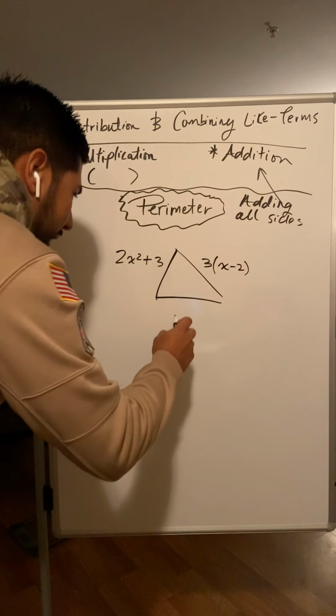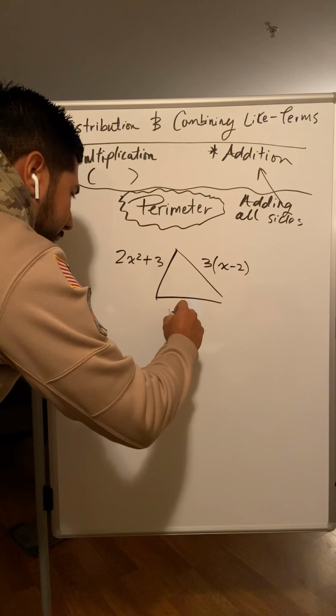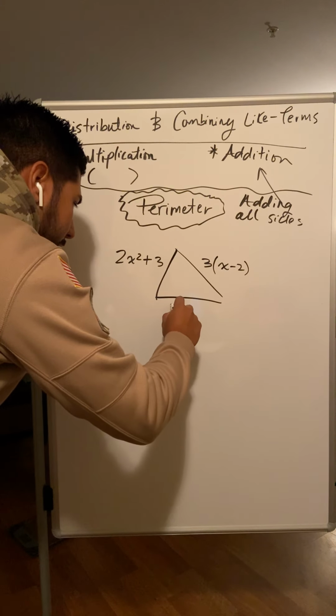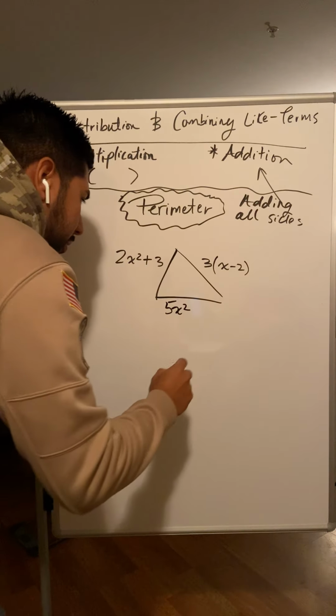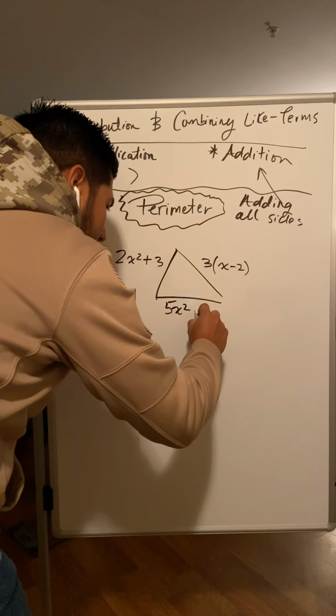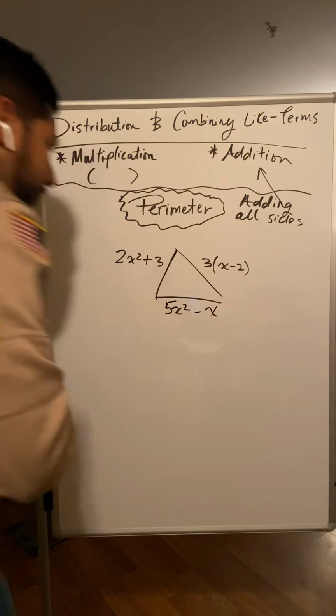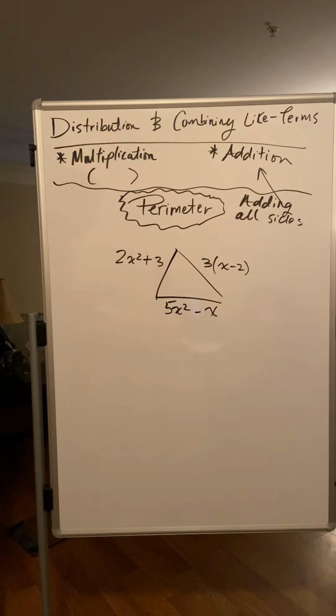And my other side, let's make it fun. Let's go with 5x squared minus x. Looks a little complicated, ladies and gentlemen, but don't worry.